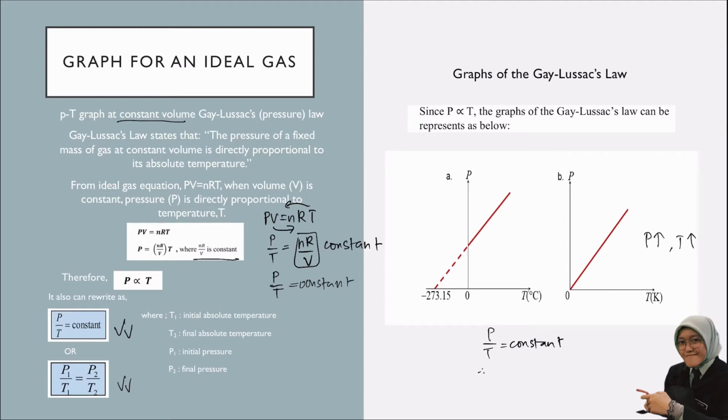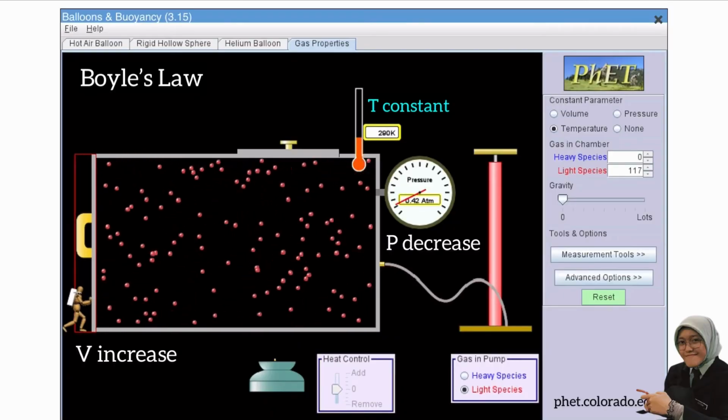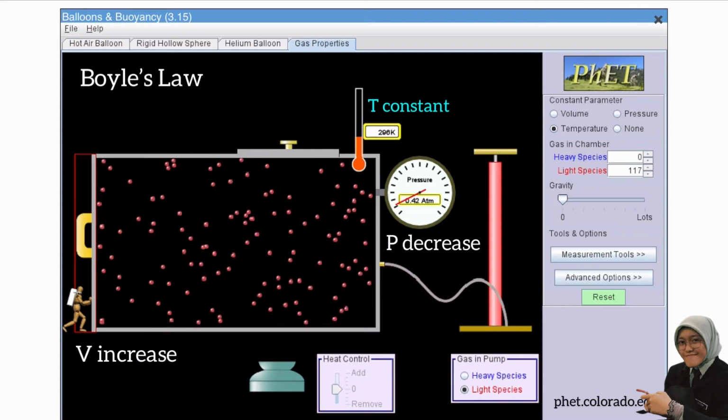So we know that P equals constant times T. So we can get that P is directly proportional to T. So the graph is true after all. So let's look at this simulation.